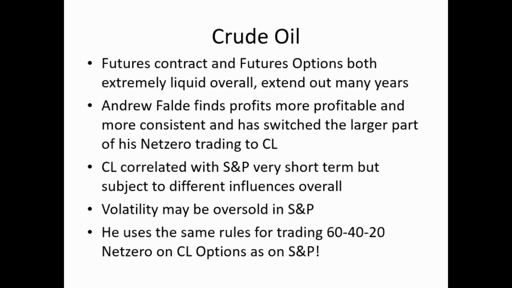If you look at it, you'll find that it's correlated in the very, very short term with the S&P 500, but it is subject to different influences overall, and is an excellent diversification to trading in stock indexes. Okay, he uses exactly the same rules for trading 60-40-20 as he does for S&P.